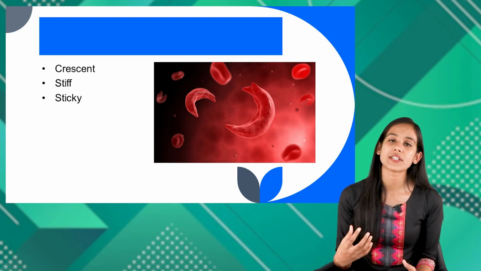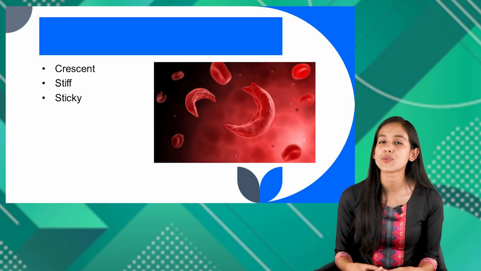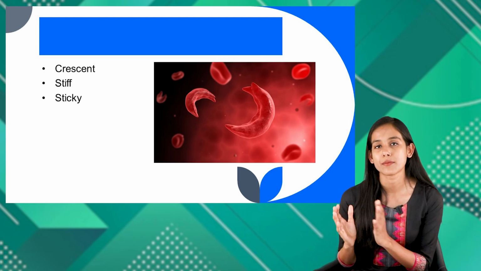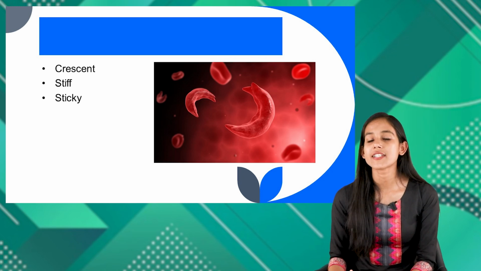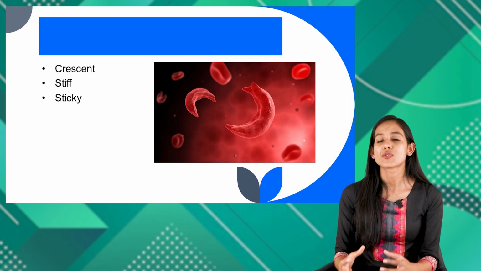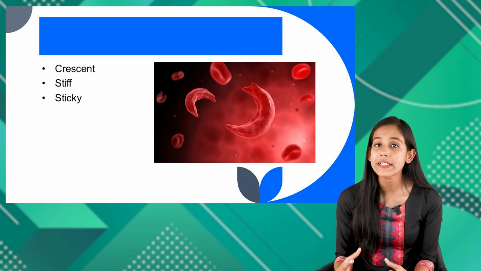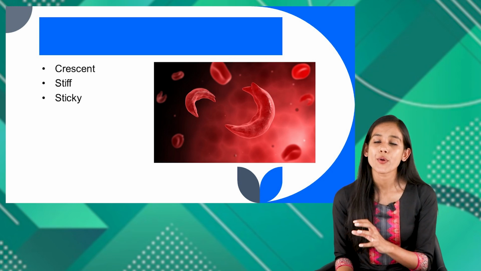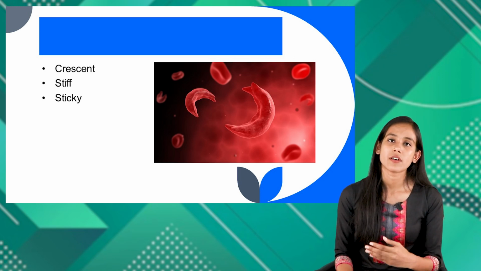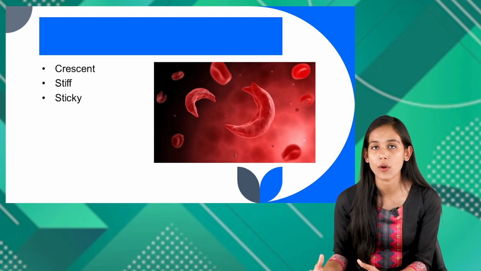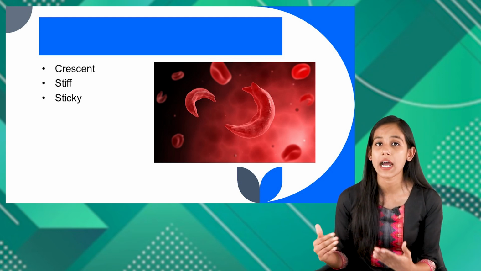So as a compensatory mechanism, our body would try to reject these unhealthy RBCs. Here there is an organ which plays a major role, that is the spleen. The spleen would filter out the RBCs which are healthy from those which are not healthy. So the spleen would rapidly and continuously destroy these unhealthy sickle shaped RBCs.